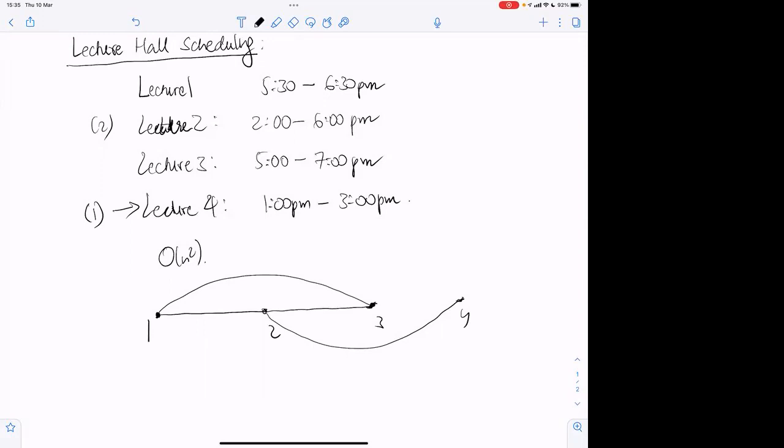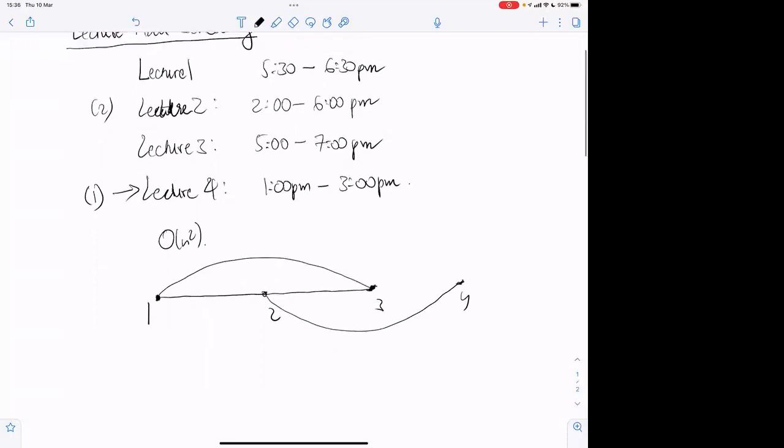So this is what we call a graphical representation of the above data. We have abstracted out the information about the timings, because that's not so crucial. So this is one way of abstracting this.